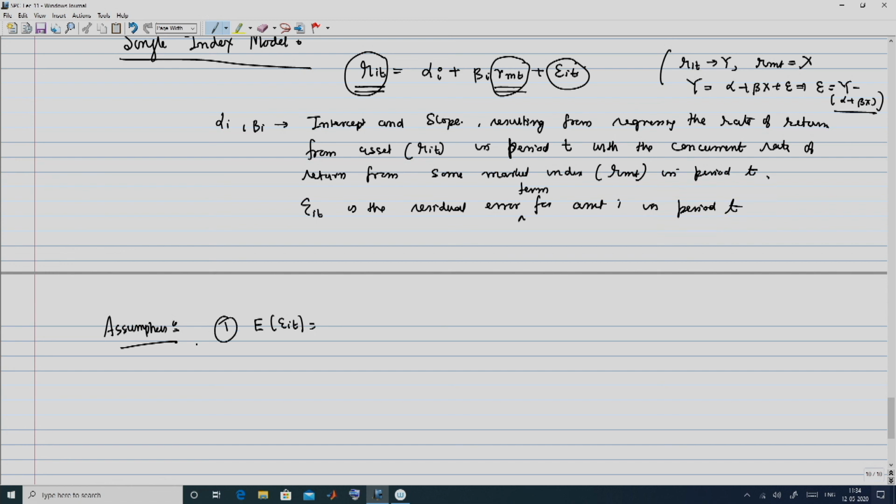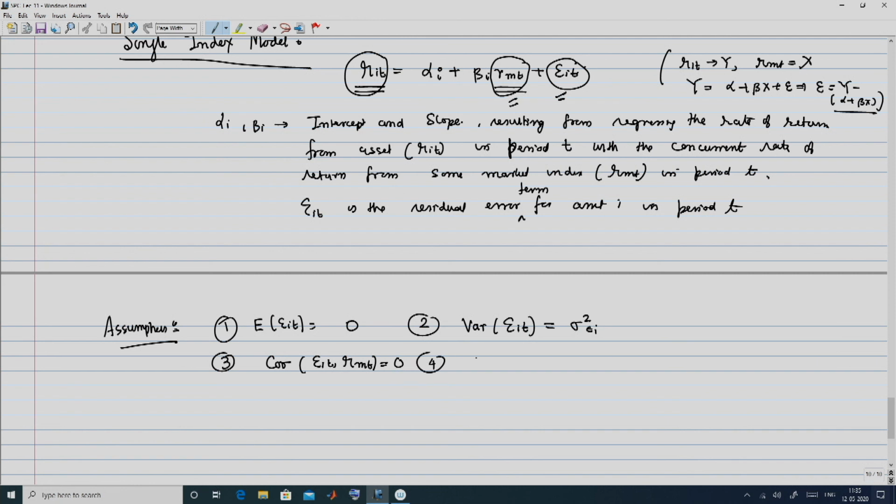So, the first assumption is that the expected value of this is going to be 0. The second, or rather an introduction of notation, is that I will denote the variance of epsilon IT with the notation sigma square epsilon I. Thirdly, I will assume that the covariance of epsilon IT and RMT is going to be 0. That means epsilon IT and RMT are uncorrelated.